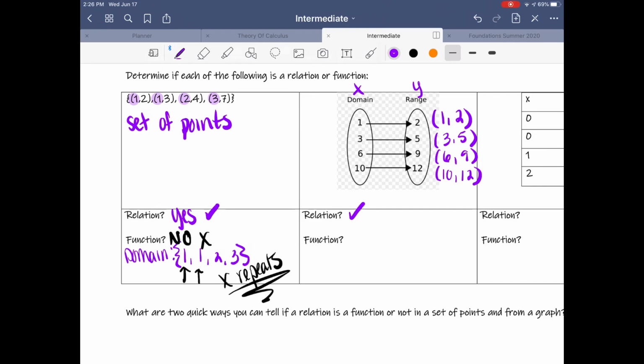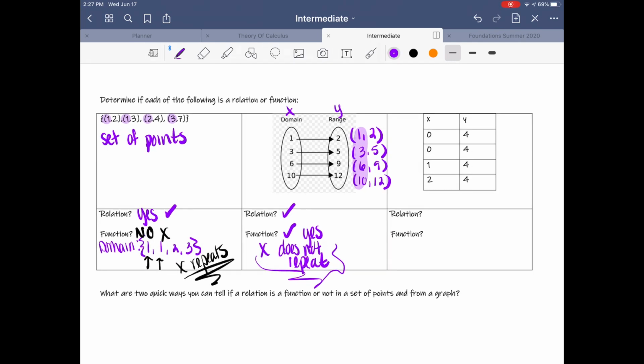Any set of points is a relation. Is it a function? To know if it's a function, you look at your x values. If x repeats, it is not a function. So does x repeat? X does not repeat, so we are good. It is not disqualified. Kind of weird wording. If x does not repeat, then yes, it is a function.